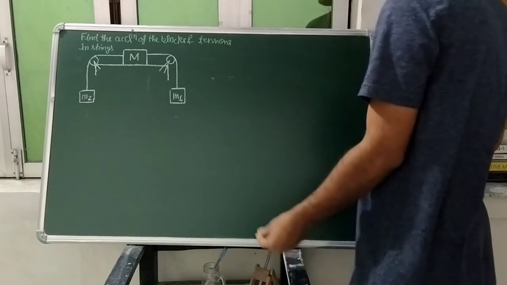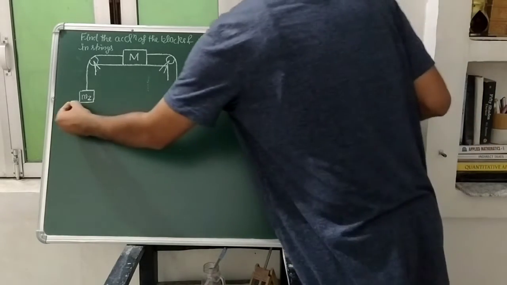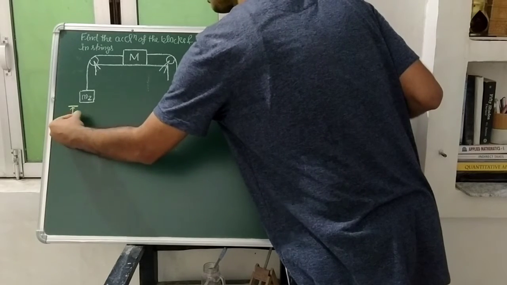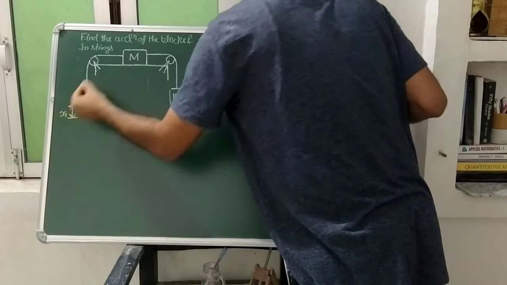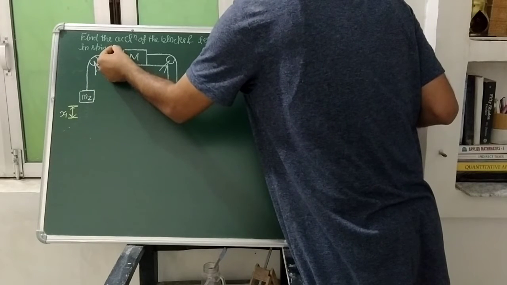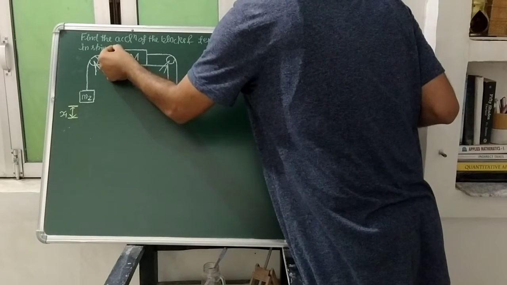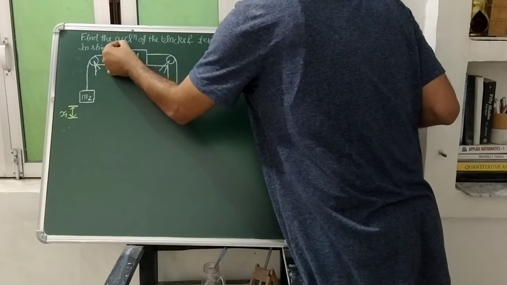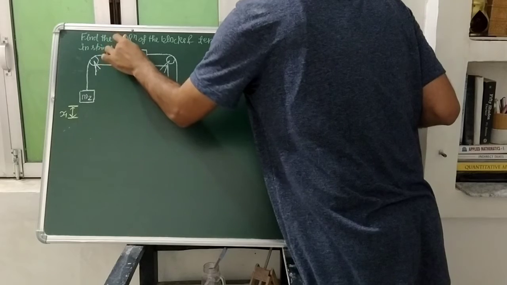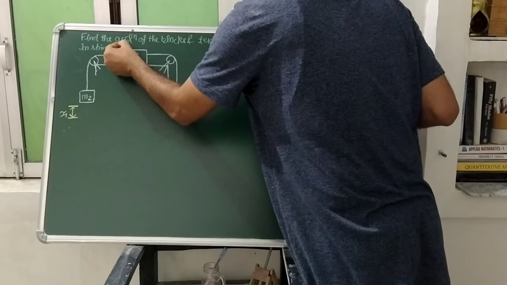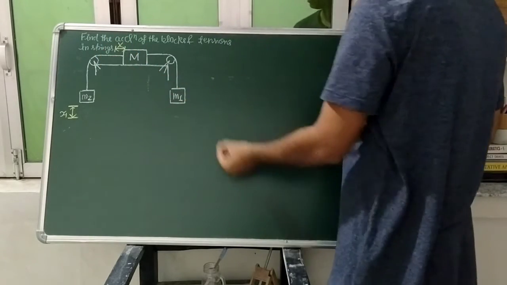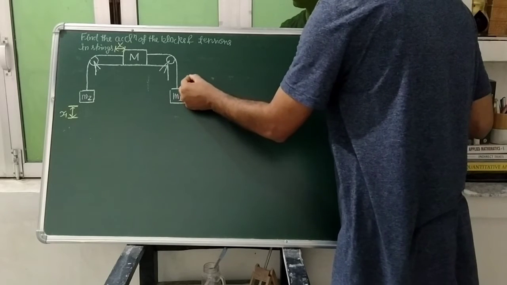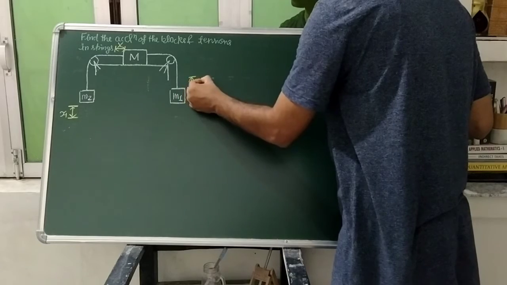So of course student, if I am saying to you this M2 block is going to travel x1 distance, and this M1 block is traveling a capital X distance, and M1 is going to travel x2 distance, isn't it?